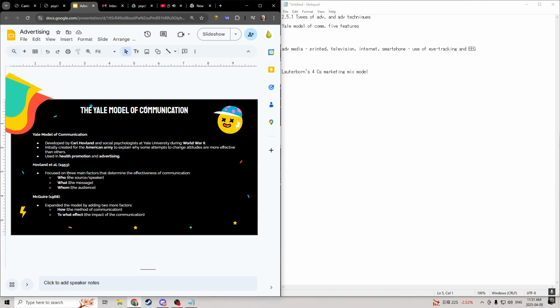The Yale model focuses on 3 main factors to determine the effectiveness of communication, with 2 more factors added later. So we have our factors, which determine the effectiveness of communication.